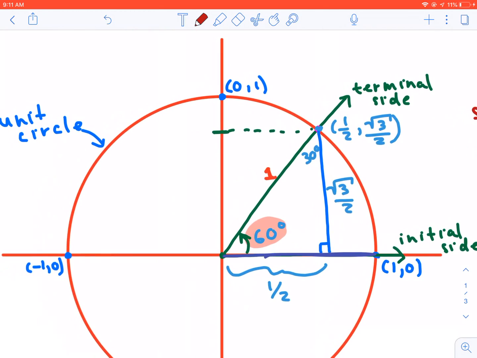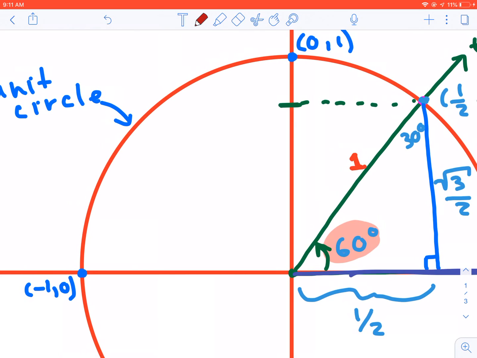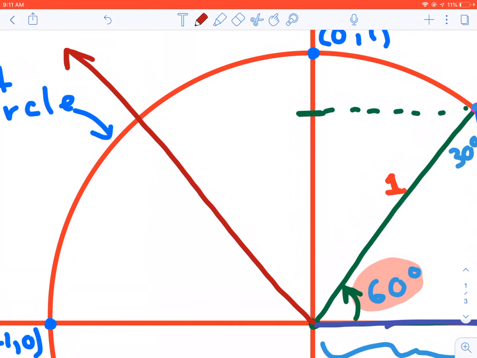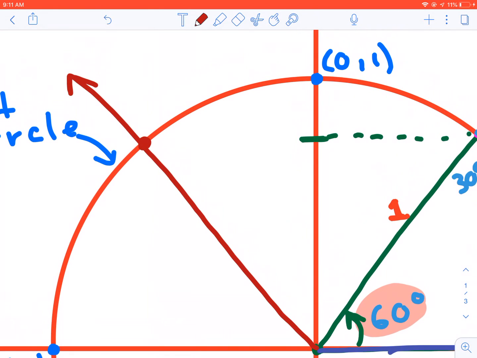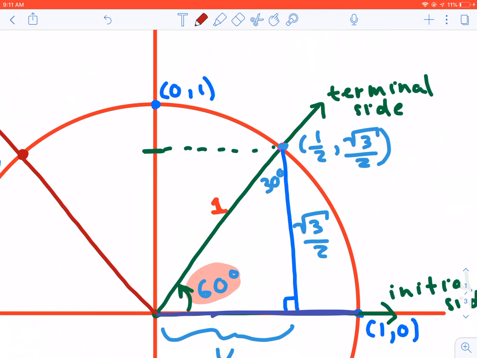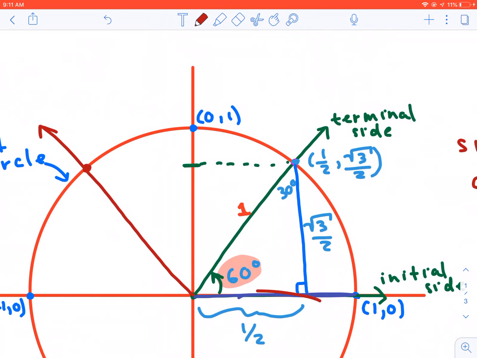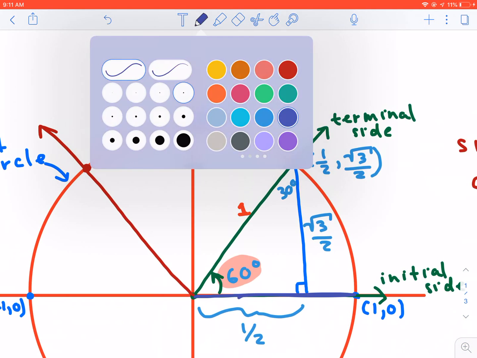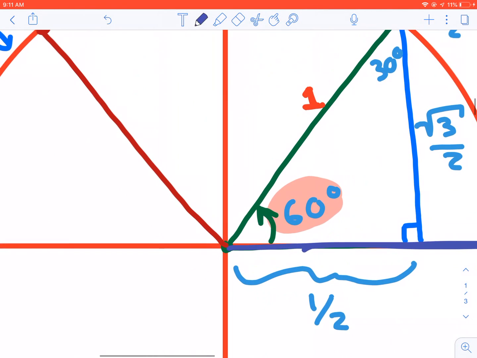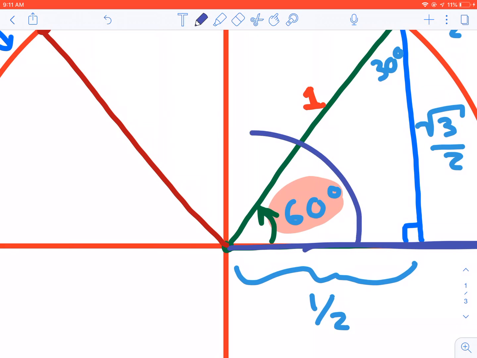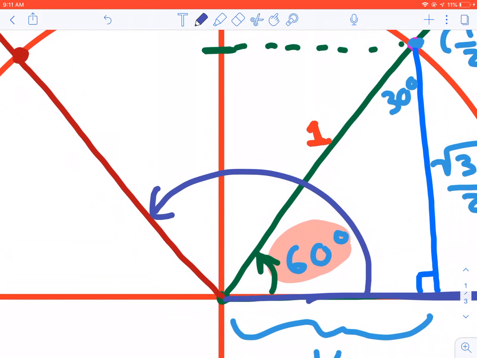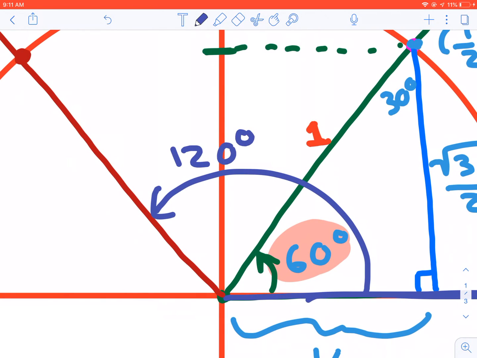So I could draw another angle with a terminal side here that has the same height and the same length as that leg. So if I made this angle, that's 60 degrees, if I made this angle, let's say 120 degrees.